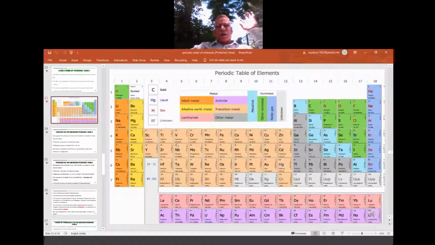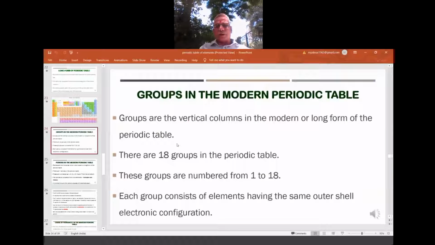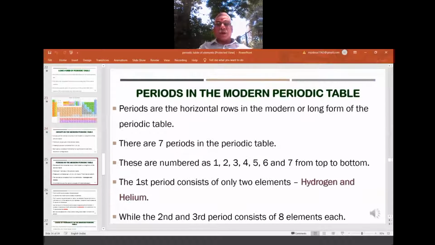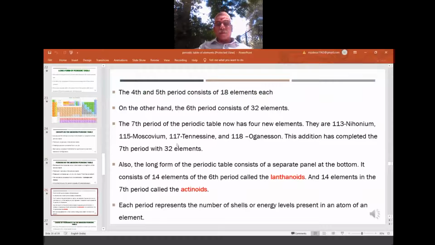That's why electronic configuration or the atomic number is the base for the modern periodic table. That's why in the modern periodic law there is a change at the end: atomic mass became atomic number. Fantastic, nice. So after the group and after the period, now we'll go to this one.